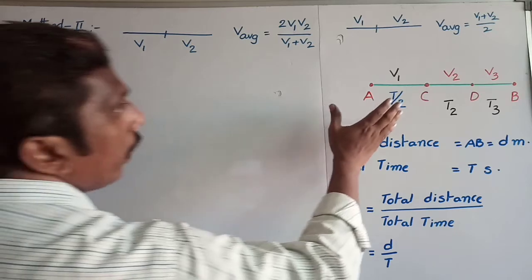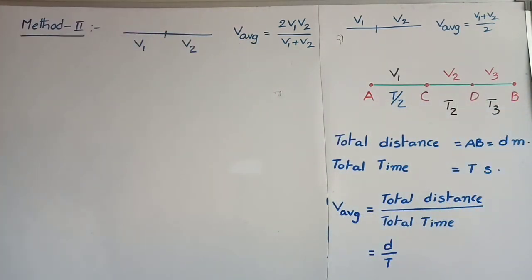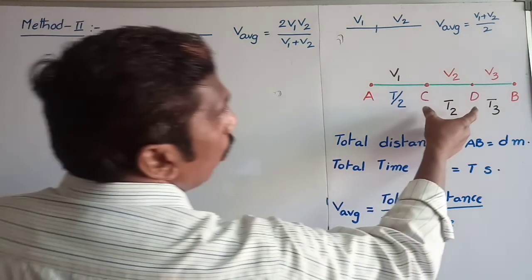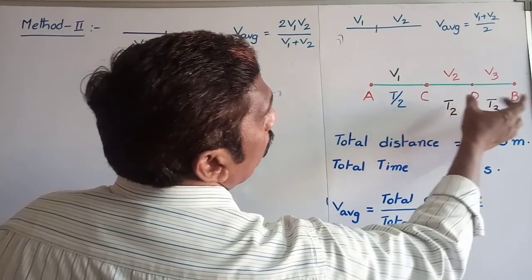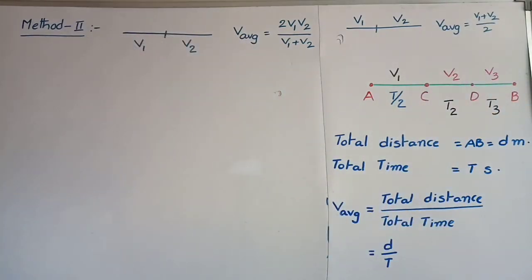Same, if you observe here, CD and DB, here the distances are equal. First, you assume this is the first half of the journey, the next half of the distance. In this distance, it travels with V2, V3.